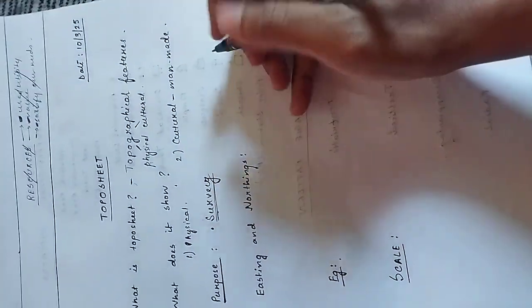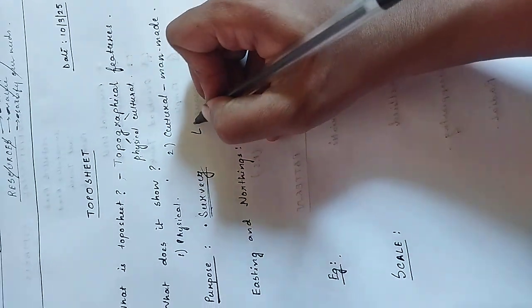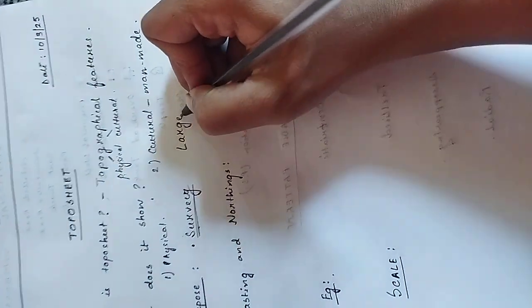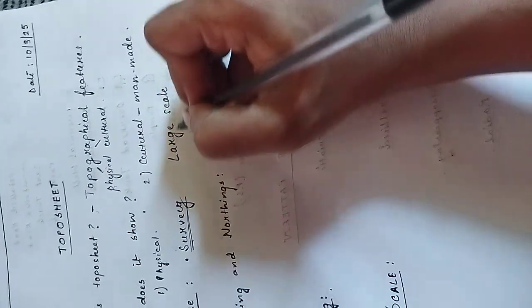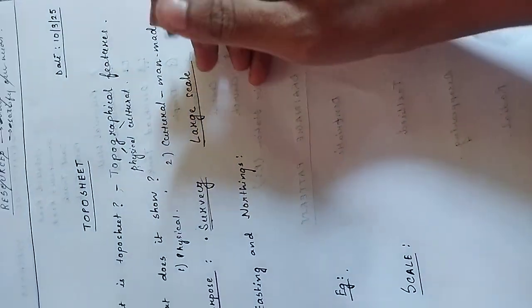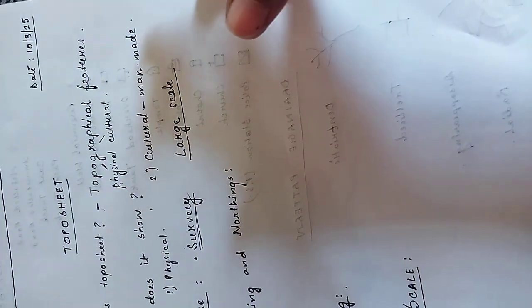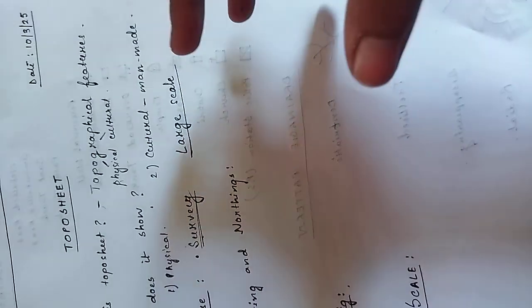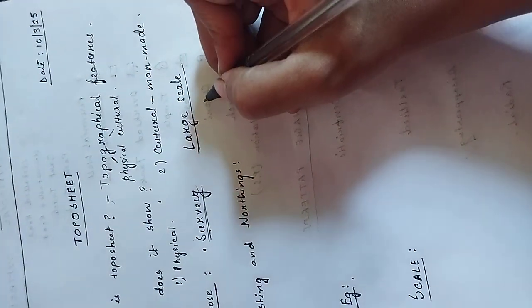Another thing is that these are large scale maps. By large scale maps we mean that a small area is shown in a bigger way, so that you can identify small features inside that area. This is not possible in a world map.